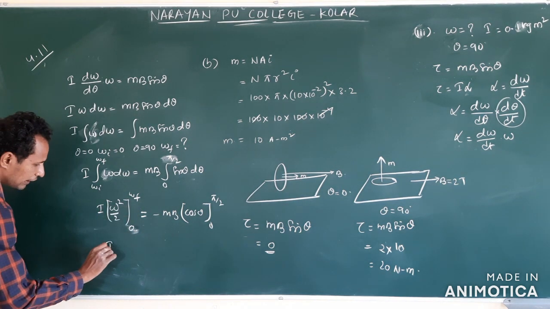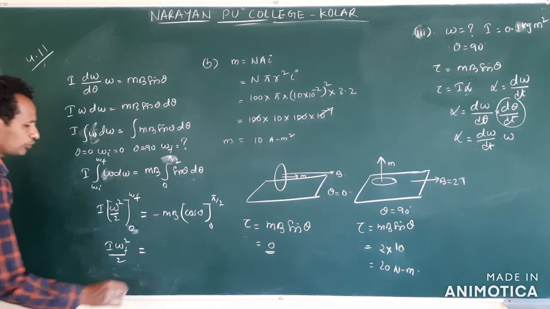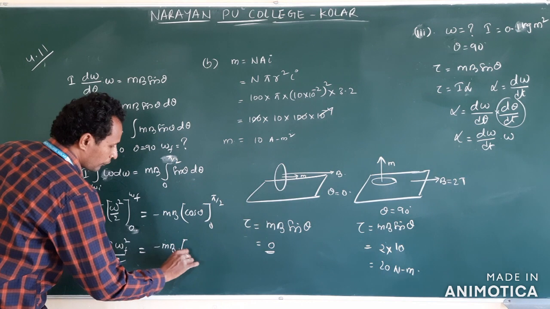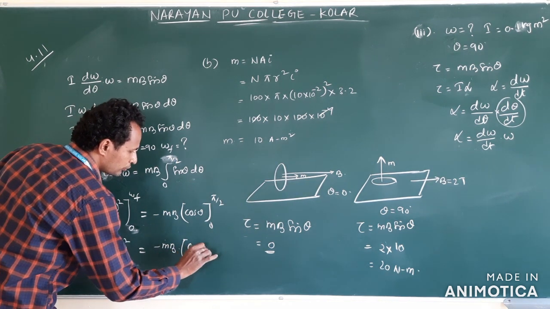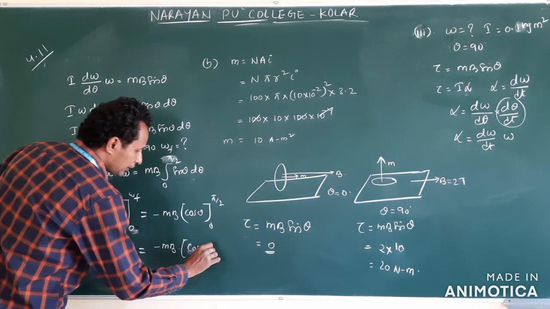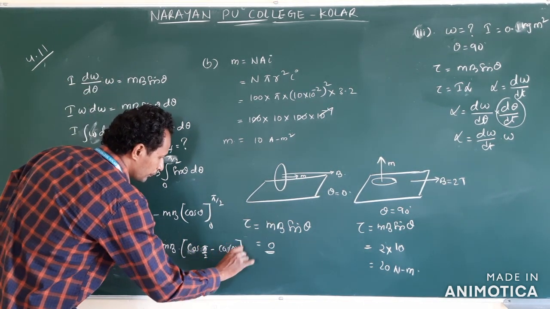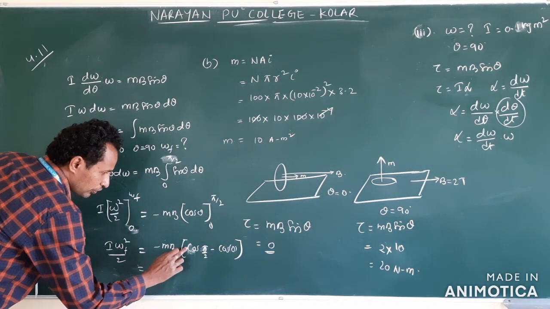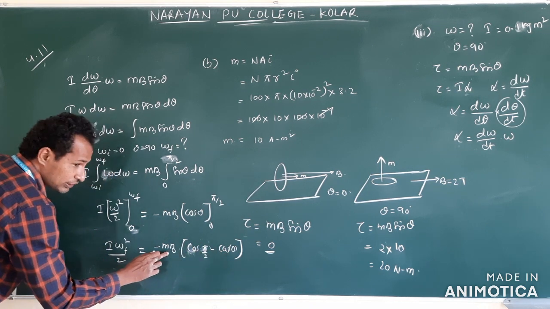Then we will get I omega final square by 2 is equal to minus mB, this is cos pi by 2 minus cos 0. Now cos pi by 2, cos 90 is 0, cos 0 is 1, minus 1 into minus, plus.